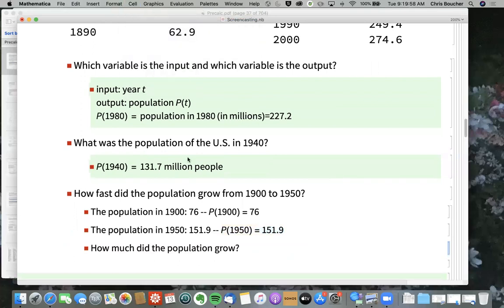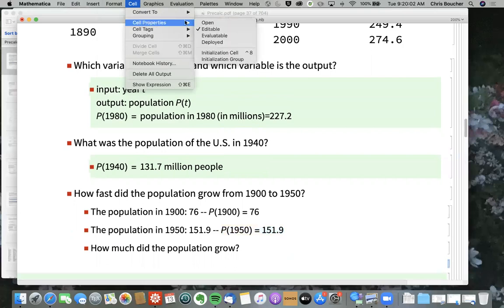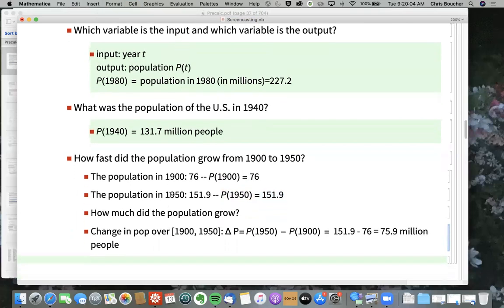To figure that out, we just take the difference between the two, right? So how much did the population grow? Well, we just take the population in 1950 and subtract the population in 1900. So the math here is straightforward, right? You can do that subtraction and I come out with 75.9 million. A little bit of notation and terminology.